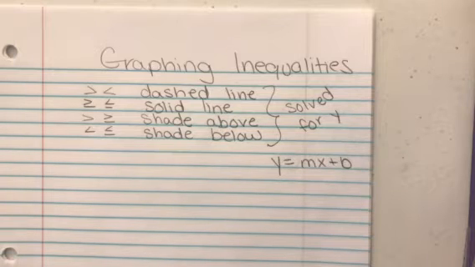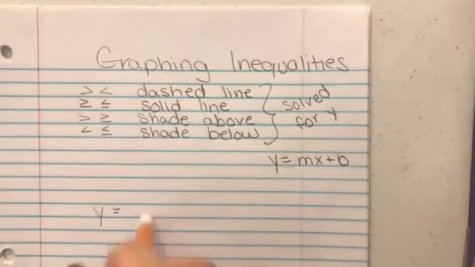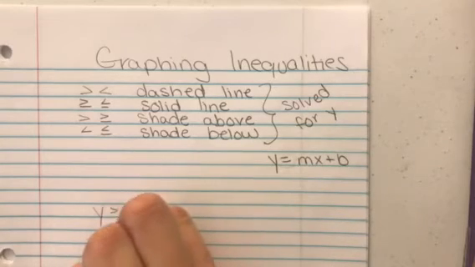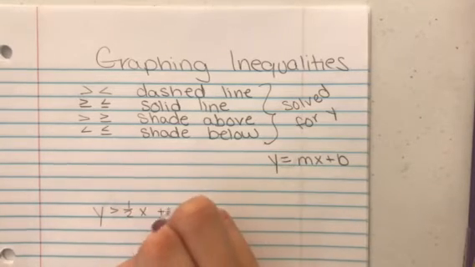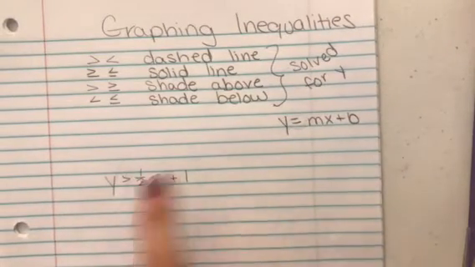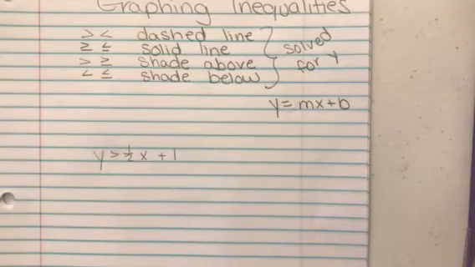Okay, so let's go through here a couple things we want to take a look at. Y is greater than 1/2 x + 1. Okay, so this is now an inequality. It looks very similar to what we've been seeing, but now we have an inequality symbol. We're going to graph this exactly how we have been graphing.